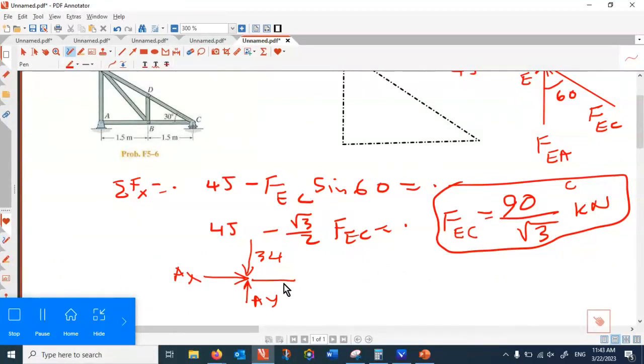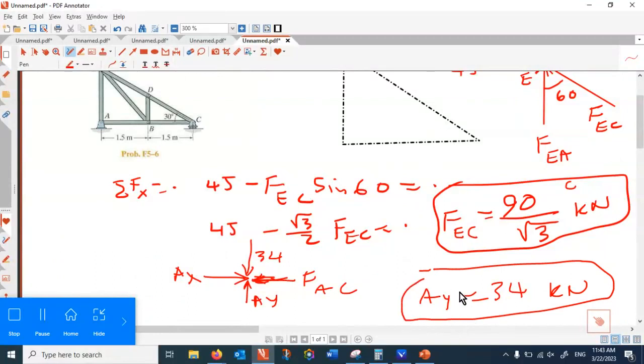And horizontally, that is FAC. So from this free body diagram, I can only find AY. AY is equal to 34 in compression, or upward kilonewton. But I can't solve the equilibrium of X equation from here. So therefore, I think we have to go to method of joint at C.